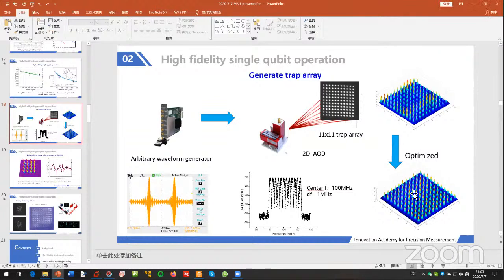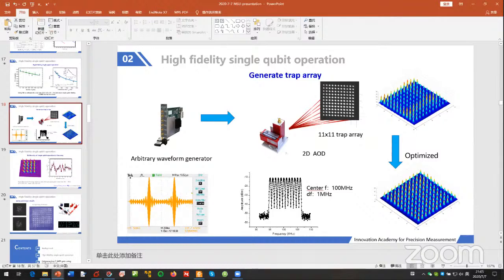Right. That's very exciting, and that's the advantage of using Rydberg atoms, I believe. Yes, because the size of the orbital is just much larger than the usual atom size.